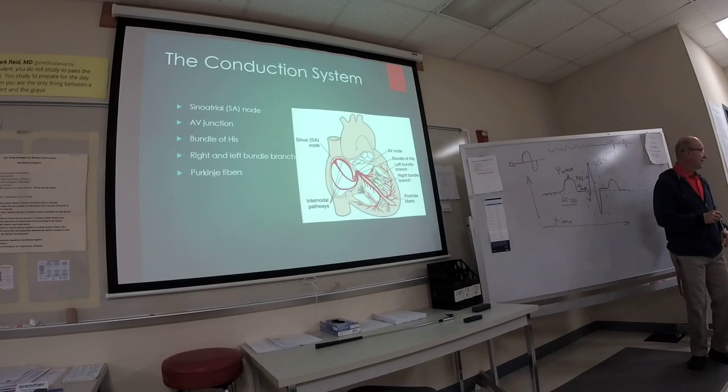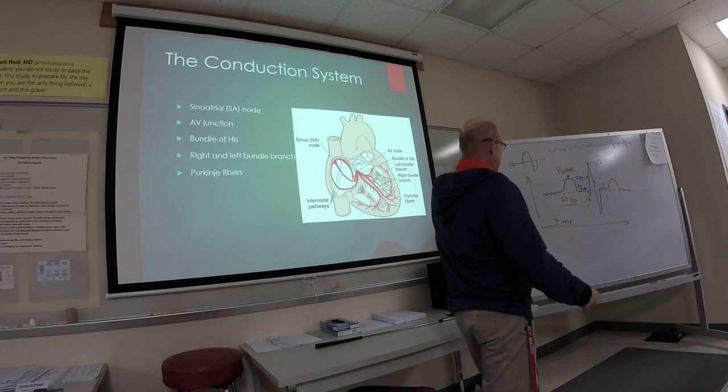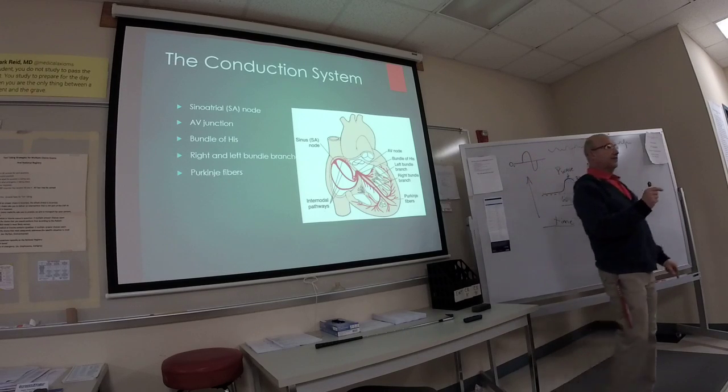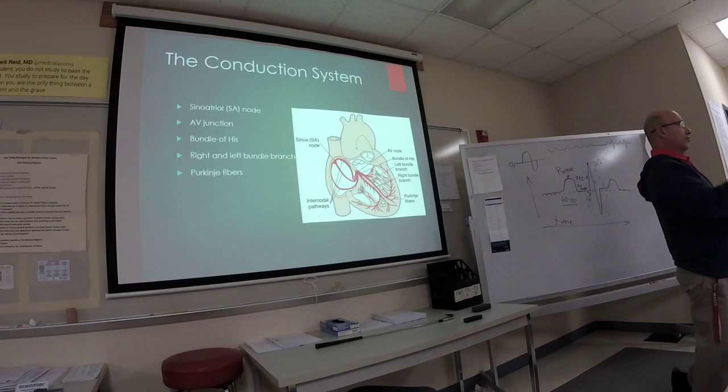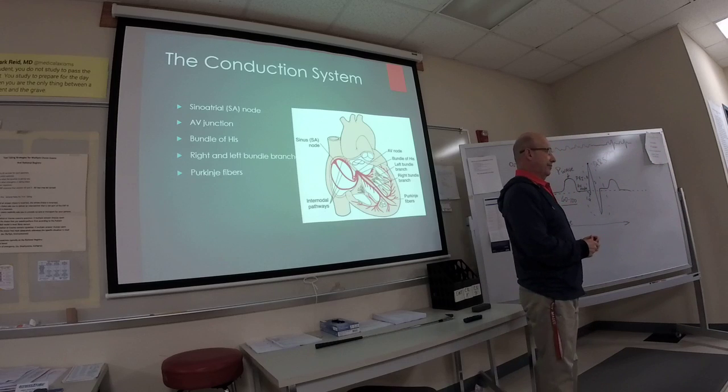The AV node's, or AV junction's, primary purpose is to create a delay. See the line here? That's a delay in time. Now that I gave you that hint, why does it need that delay in time?